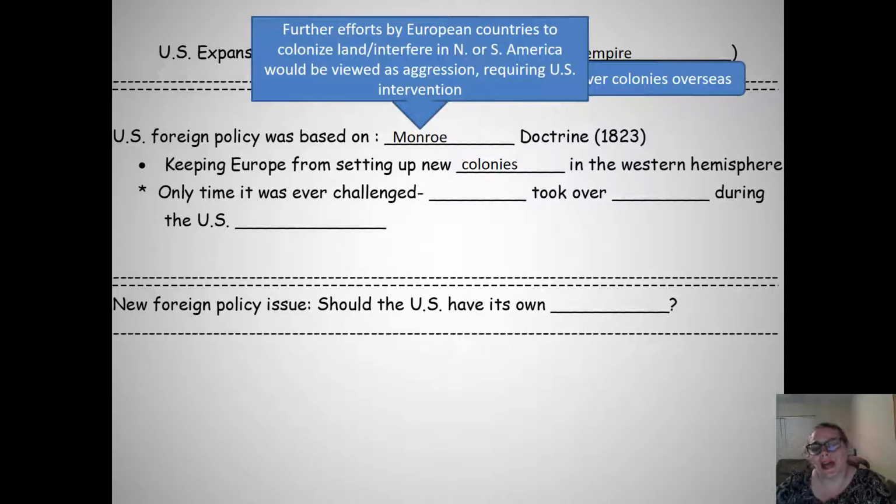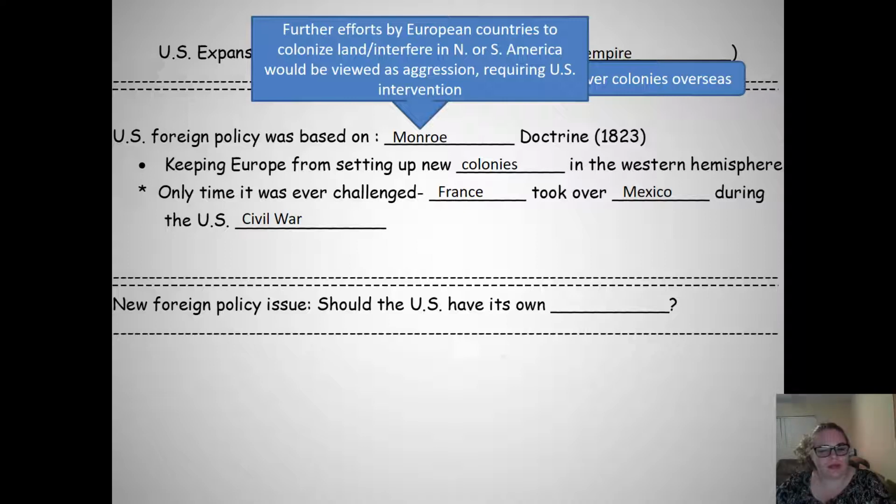There was only one time in American history when the Monroe Doctrine was challenged, and that was whenever France took over Mexico during the U.S. Civil War. Napoleon, yes, that Napoleon, he sends over troops to Mexico to put his brother on the throne of Mexico. This happens during the Civil War.